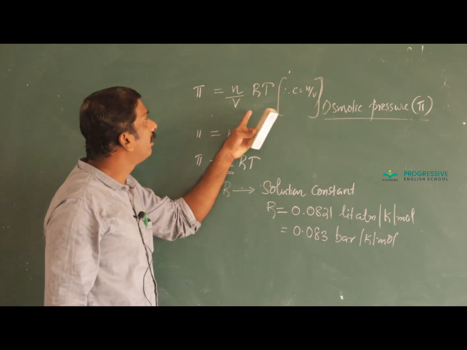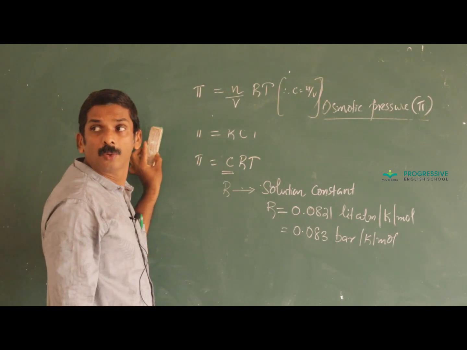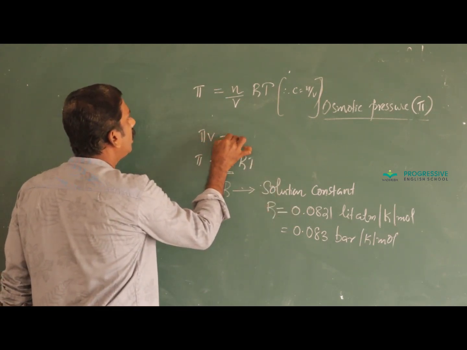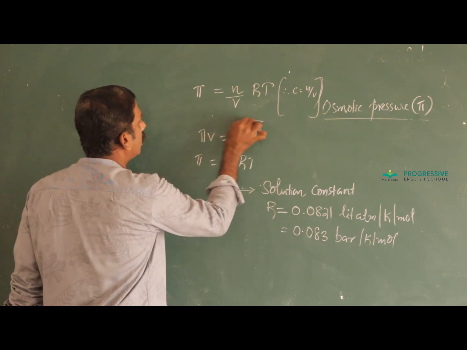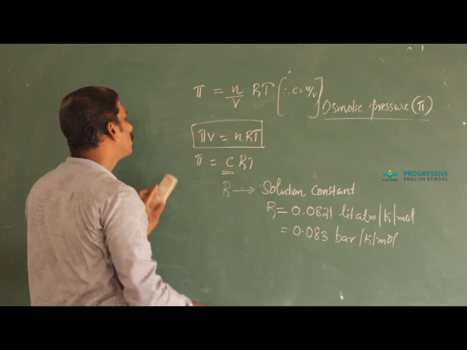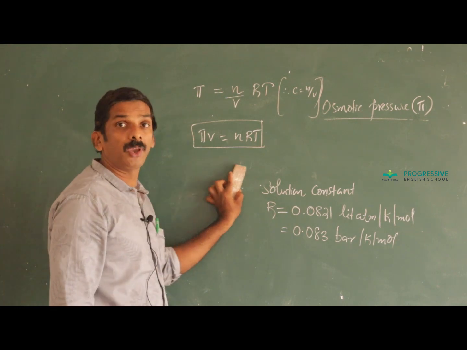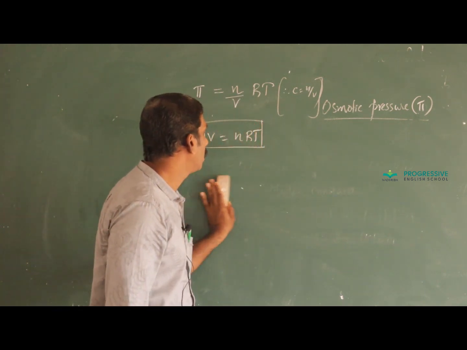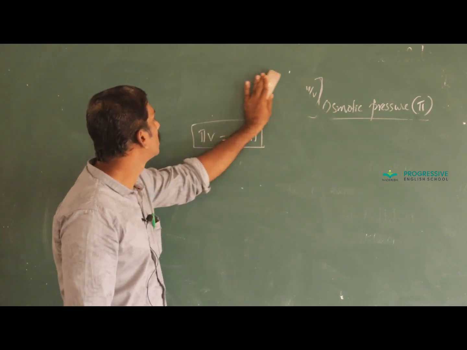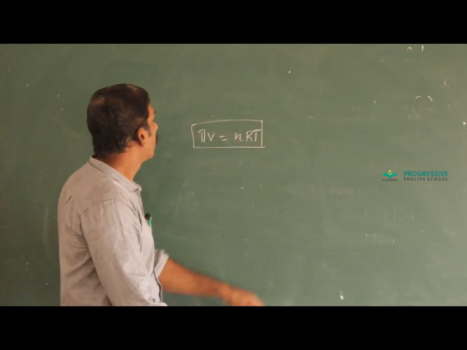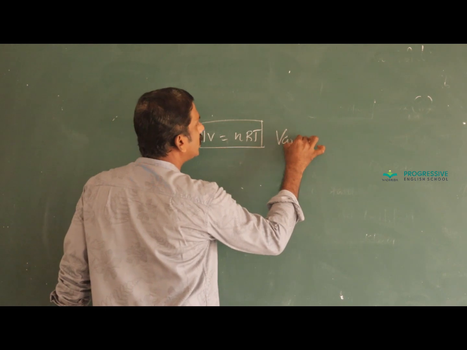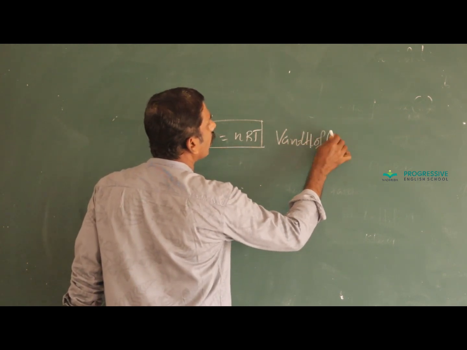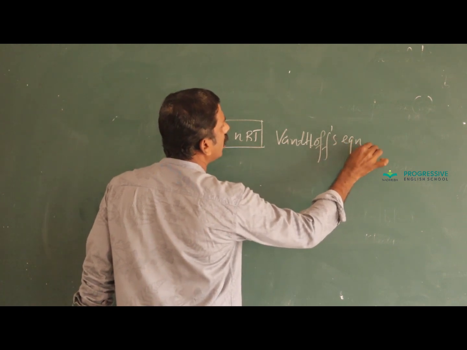Pi equal to n by V into RT, or pi V equal to nRT. Similar to this, we have studied in states of matter, PV equal to nRT, which is the ideal gas equation. Here it is called Van't Hoff's equation.